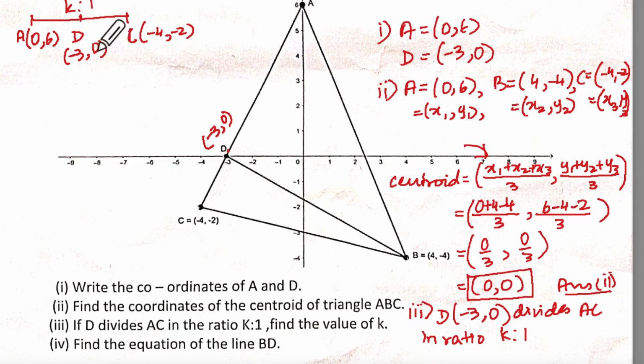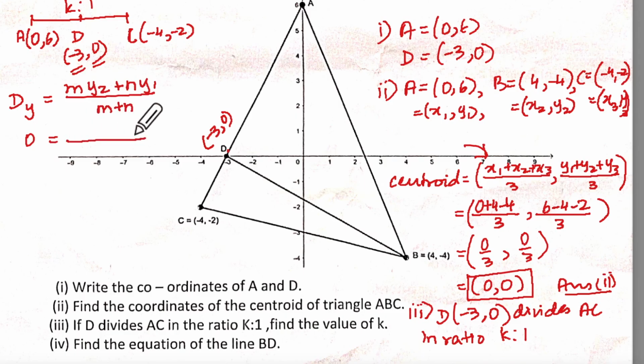Correct? Now which formula should I use, X formula or Y formula? Y. So the Y coordinate of D will be equal to, tell me, m y2 plus n y1 upon m plus n. I'm using m and n. So 0 is equal to m is k into minus 2 plus n is 1 and y1 is 6 upon m plus n.